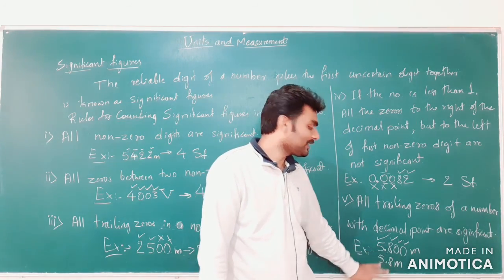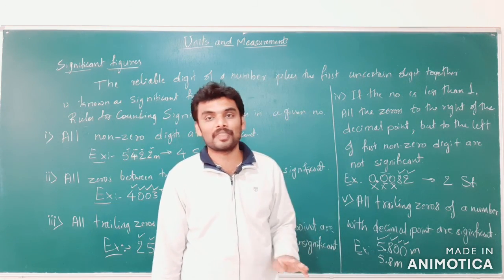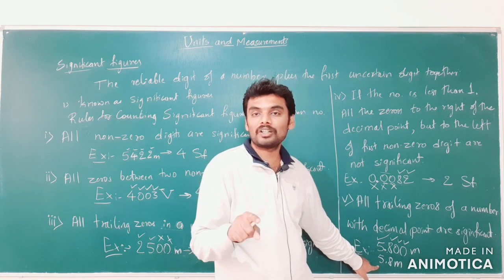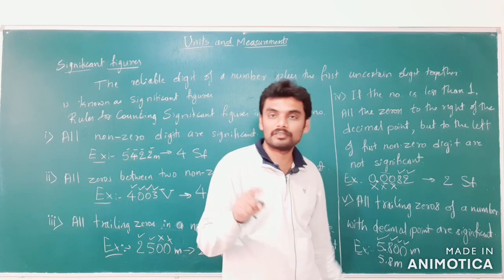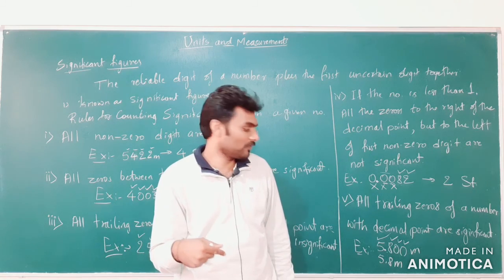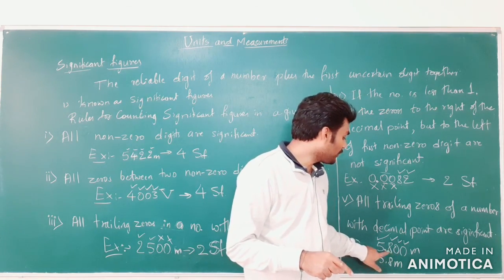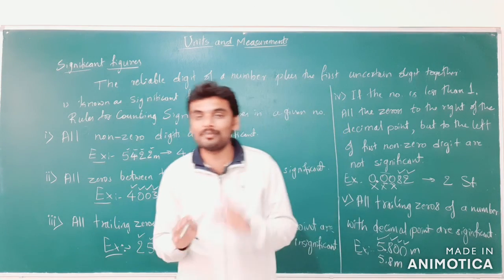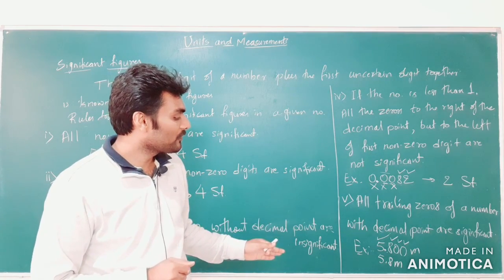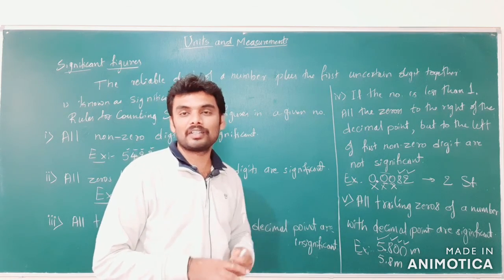Mathematically, these two numbers are the same, the units are the same, but the measurements are not the same. This number is measured using an instrument of least count 0.1 meter. I hope you are clear with least count; I have explained it in the previous session. But this measurement is done with an instrument of least count 0.001 meter. That's the basic difference for considering the trailing zeros of a number with a decimal point as significant.